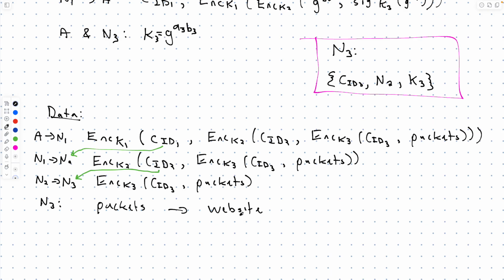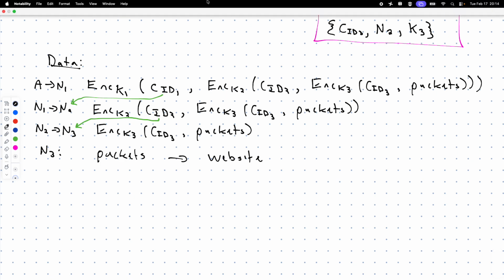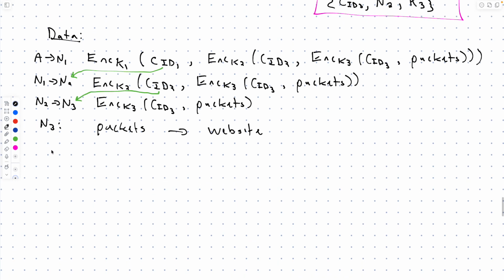Okay. And then when the website responds, it's going to go to N3. So the website will send a response back. And what N3 has to do is it's got to get it back to Alice. Okay. So what it's going to do is it's going to say, I need to send it to N2.